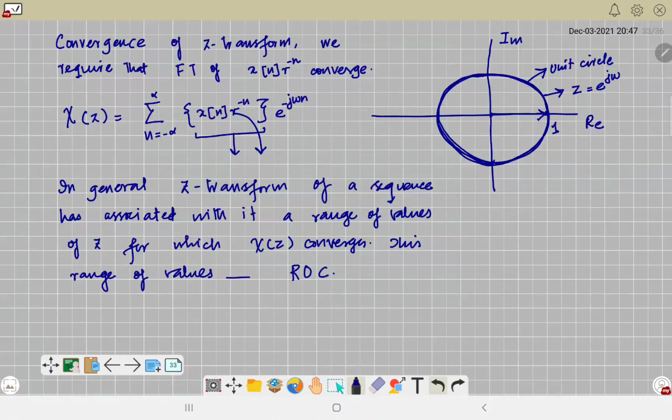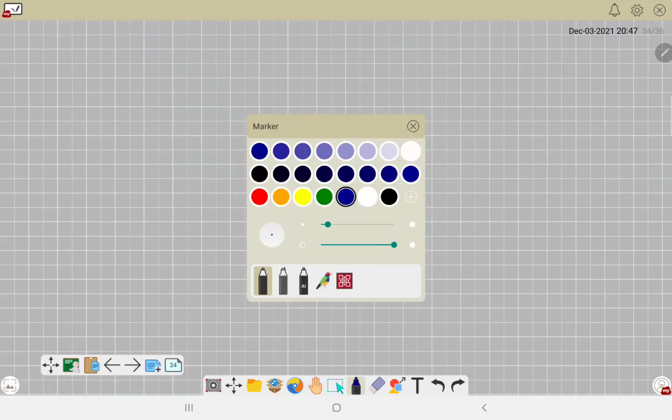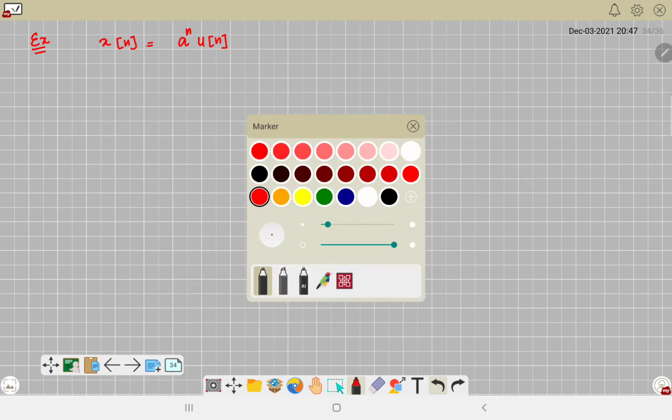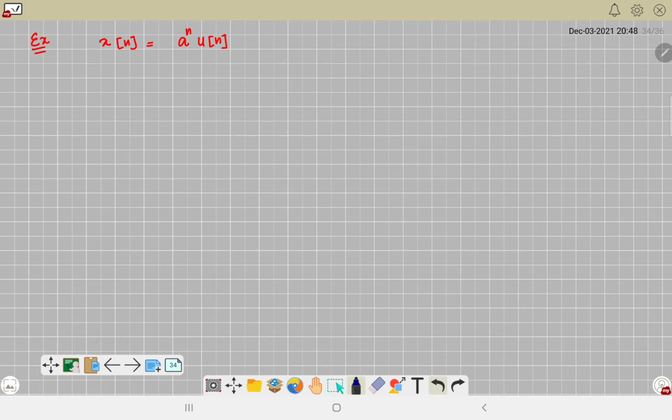We had a similar definition for region of convergence in the Laplace transform, where we define the region of convergence as the values of s for which X(s) converges. So similar to that we have this. Let's take an example to understand in detail. Suppose we have a sequence x of n which is an exponential sequence multiplied by the unit step, and we want to discuss its Z transform.